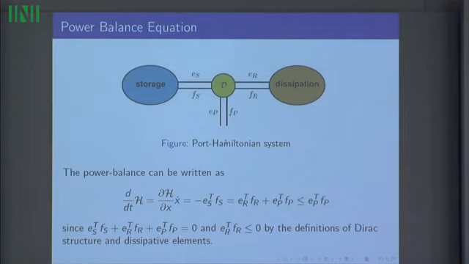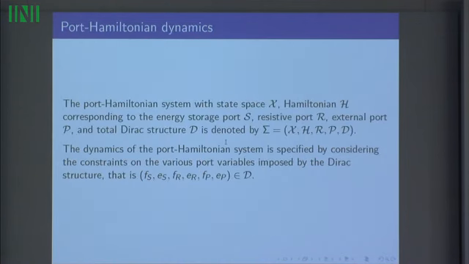And since the dissipative part should be less than or equal to zero, we get this inequality. So a Port-Hamiltonian system altogether consists of energy storage port S, resistive structure R, an external port P, and the total Dirac structure D. The dynamics of the system is imposed by the definition of the Dirac structure.